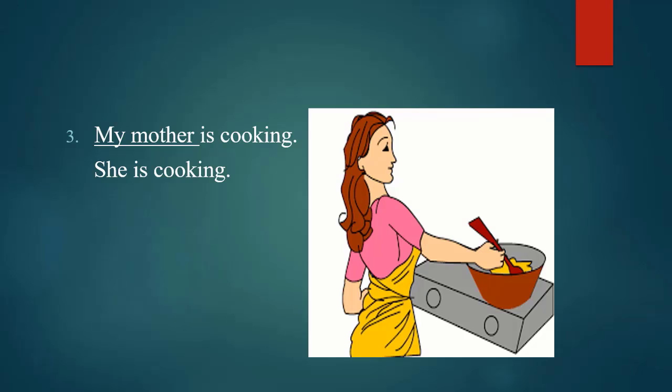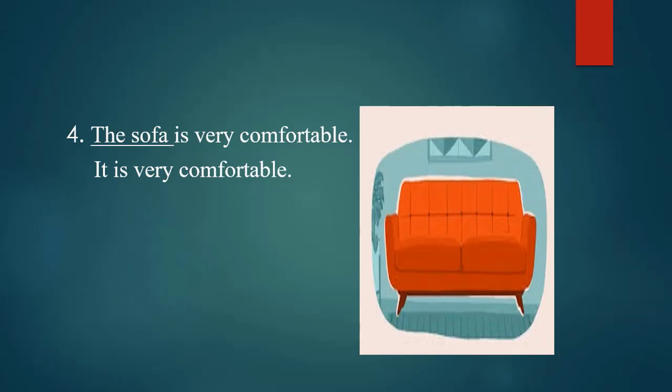As mother is female, तो हम जो pronoun use करेंगे वो है she. And our sentence will become she is cooking. Our fourth sentence is the sofa is comfortable. इस सेंटेंस में सोफा एक थिंग है तो हम जो प्रोनाउन यूज करेंगे वो है it. So our sentence will become it is very comfortable.